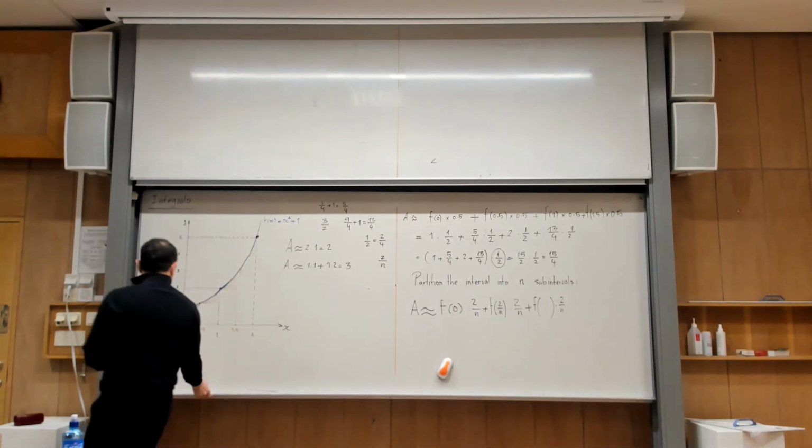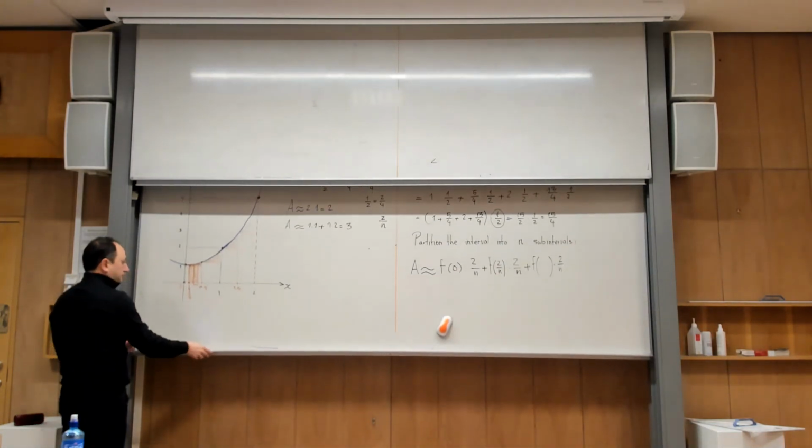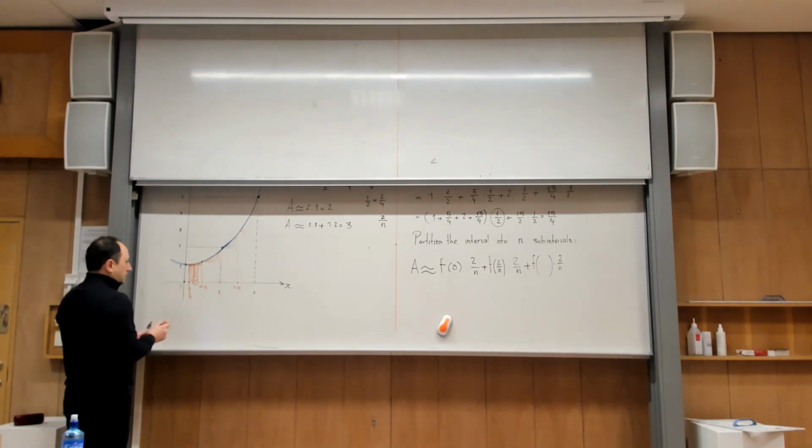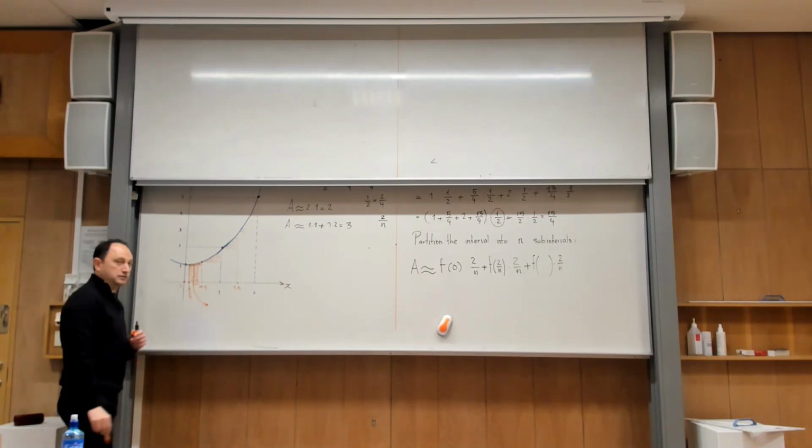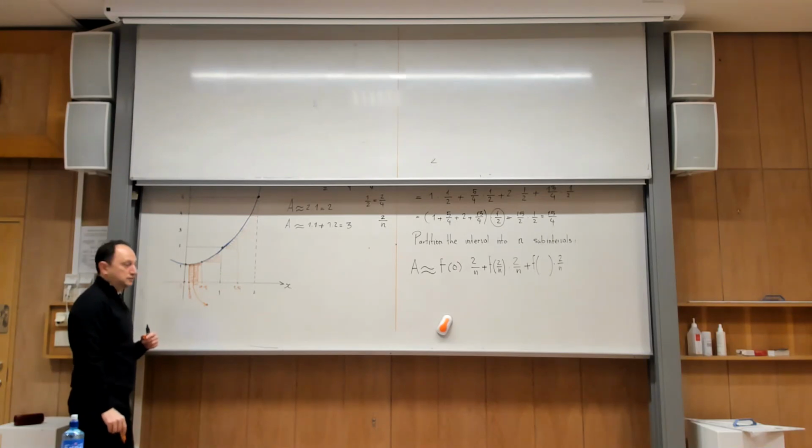Let me ask you the question. What is the number corresponding to this point? This was 0. This was 2 over n. What is this one?